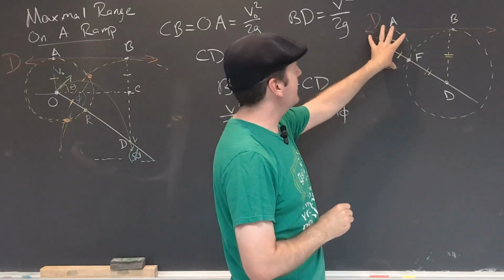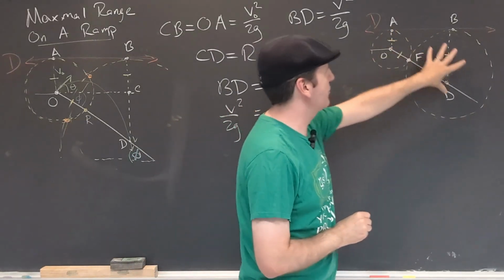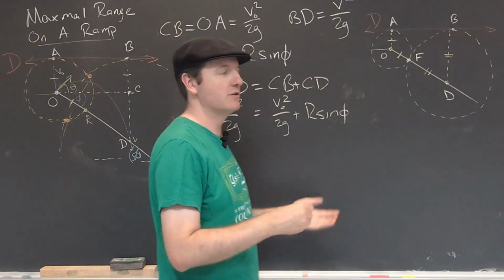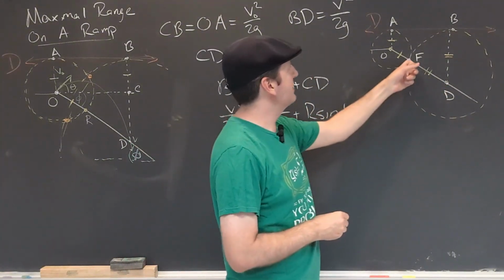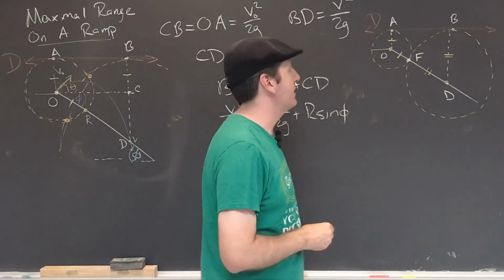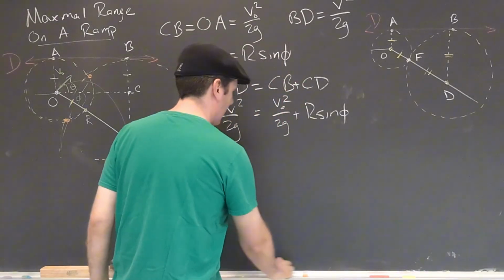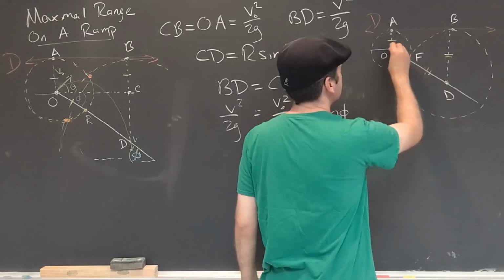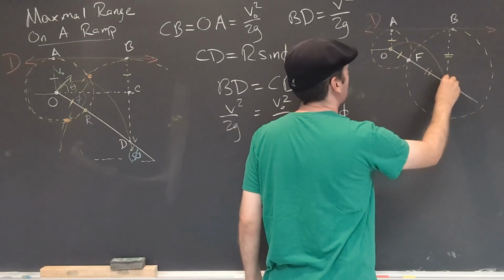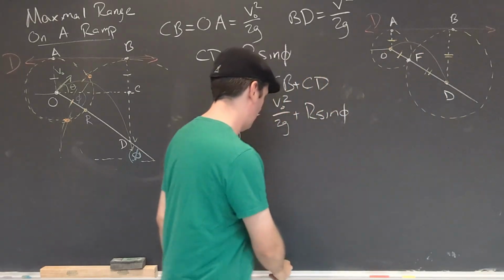And we can see that in this case where we've shrunk down this circle, and of course this circle has to follow because of conservation of energy, eventually the two will intersect at a single location. I have called that location F, for a good reason, because that point is actually the focus of my parabola.